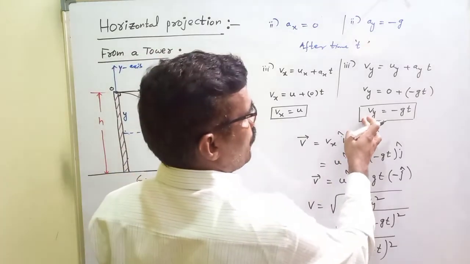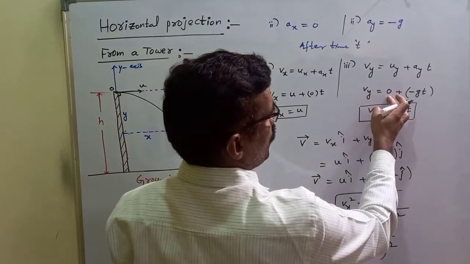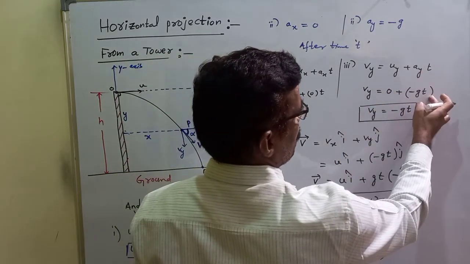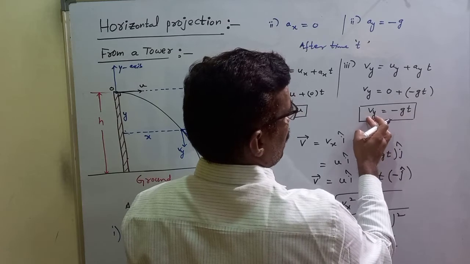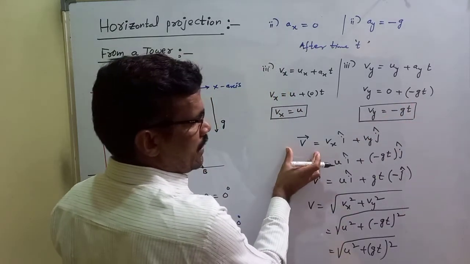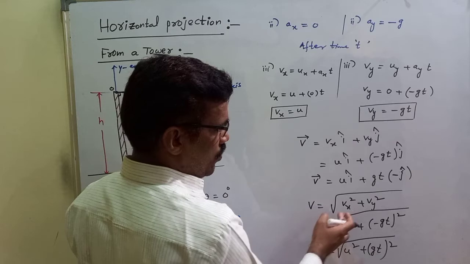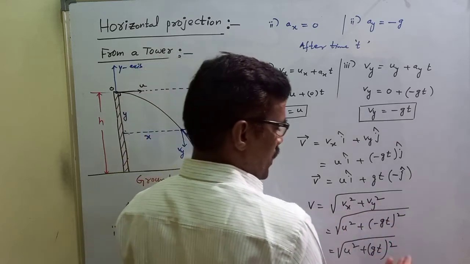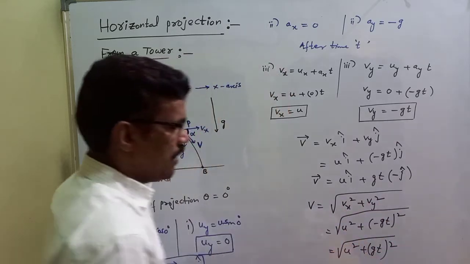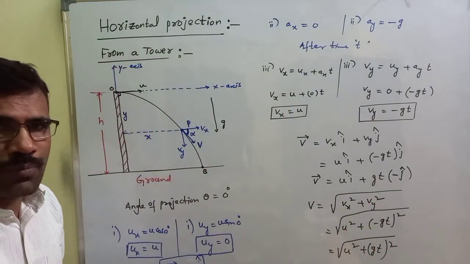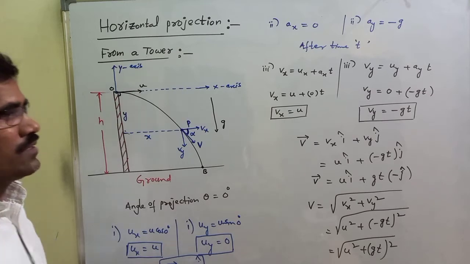But the vertical component of velocity Vy is equal to uy, which is 0, plus ay, which is minus g, into t. That's why Vy is equal to minus gt. In vector form this is the relation. Then its magnitude V is equal to root over Vx square plus Vy square. So we get the velocity of a projectile after t seconds.